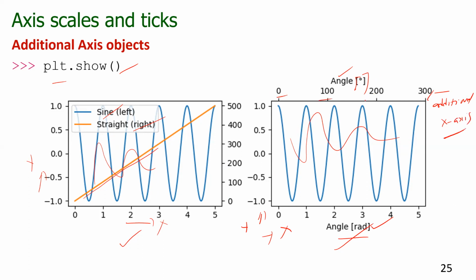This one is 0, 100, 200, 300. Here is the additional y-axis: 0, 100, 200, 300, 400, 500. In this one the additional y-axis is there, and in this one the additional x-axis is there. So like that you can add additional axis objects also.